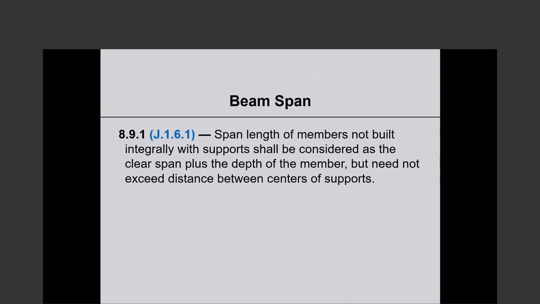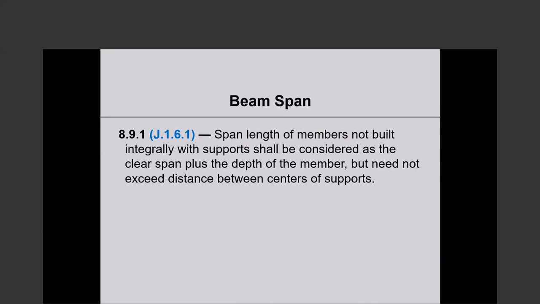Okay, beam span. Everything has to be tied down. So the span length of members not built integrally with supports shall be considered as the clear span plus the depth of the member, but need not exceed the distance between centers of supports.